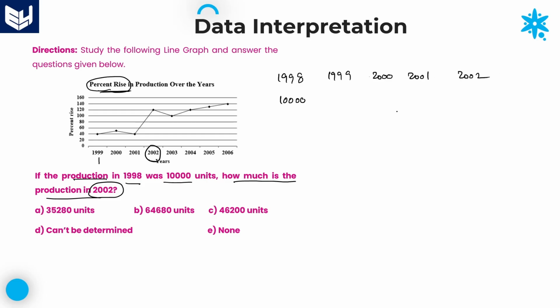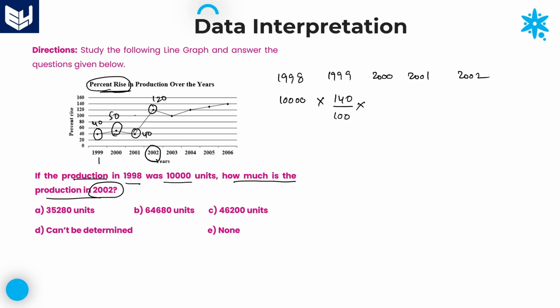So we need to go till 2002. We'll start with 99. In 99, percentage rise is 40%. It means 40% increases as comparing with previous year. So it is 140%. And next in 2000, value is increased by 50%. This is 40, this is 50, and this is 40, and this is 120.